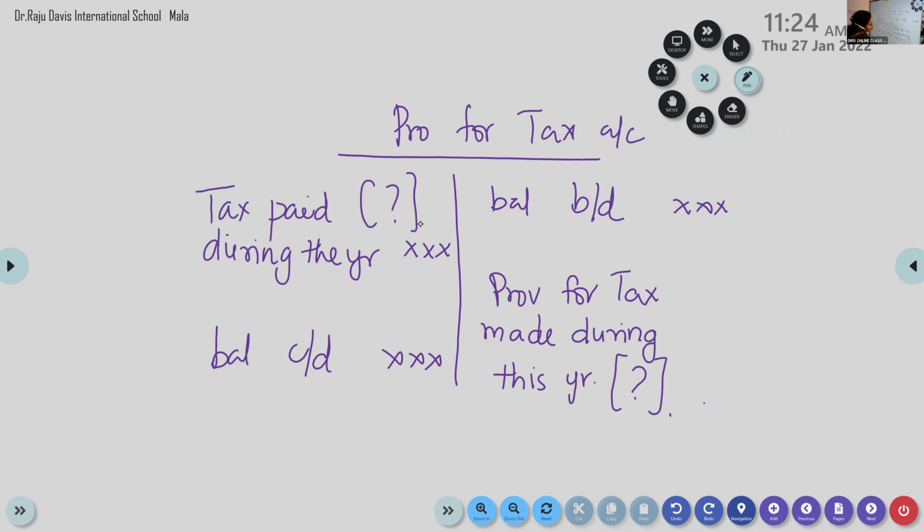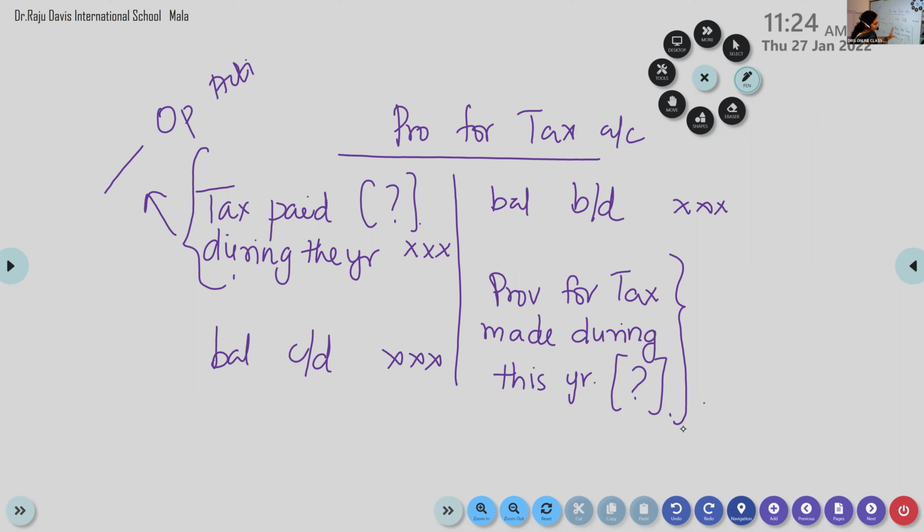Tax paid during the year, in which activity do we include it? We have to reduce it, minus it in the operating activity. Then, provision for tax made during this year, where do we show this?